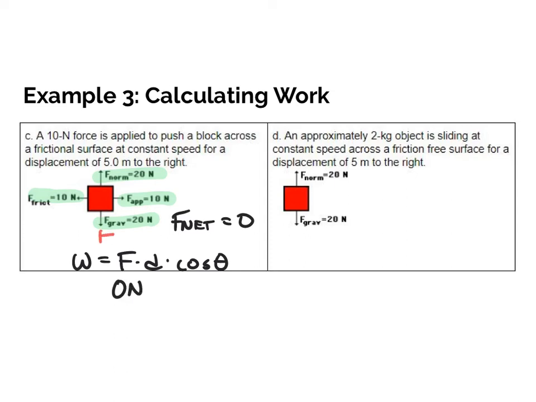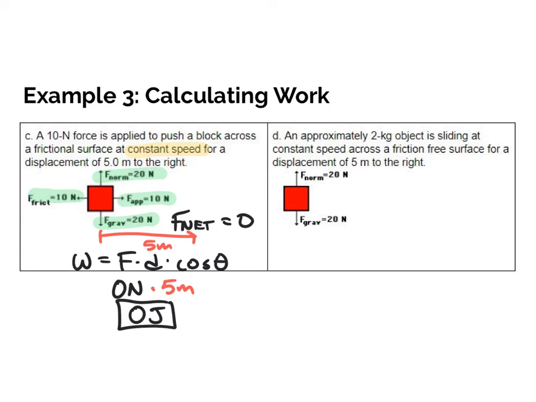Even though this thing is still moving 5 meters to the right, it's now 0 times 5 meters, and it's hard for me to even describe the angle because if I'm multiplying by 0, I know there's going to be 0 joules of work done. And that is why this thing is going to move at a constant speed. If it's moving at a constant speed, it's not gaining or losing speed, so therefore it's not gaining or losing any energy.